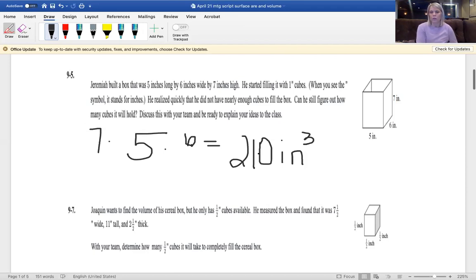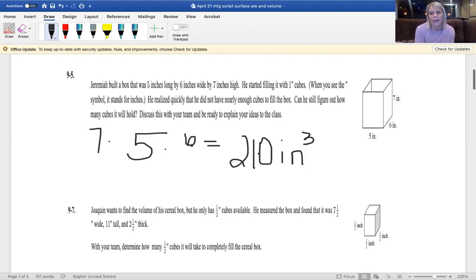If the length is 1 inch, the width is 1 inch, and the height is 1 inch, the volume of a 1 inch cube is 1 inch cubed.